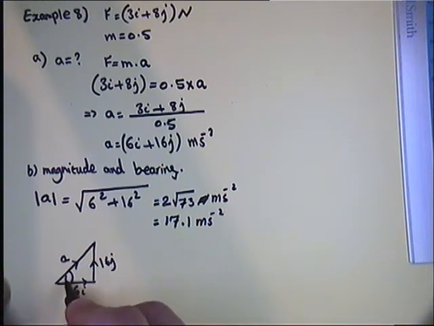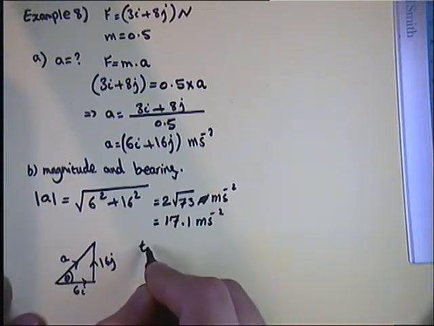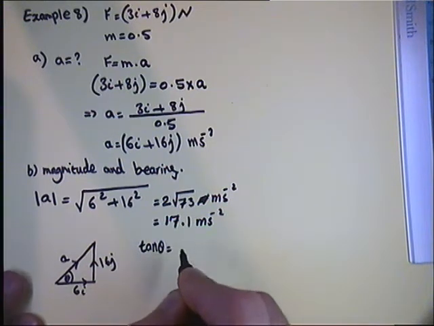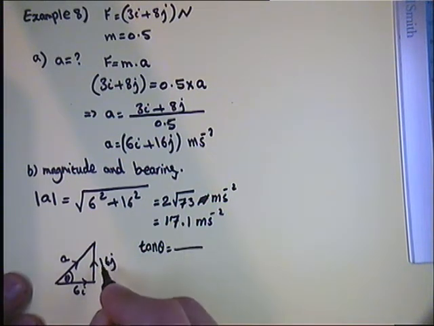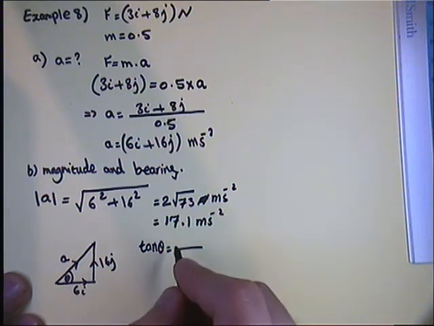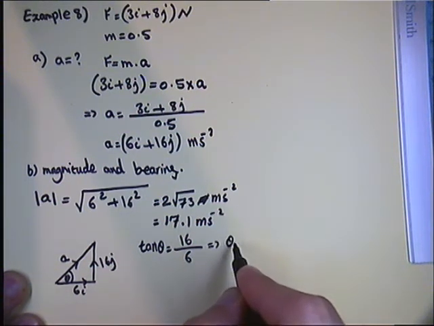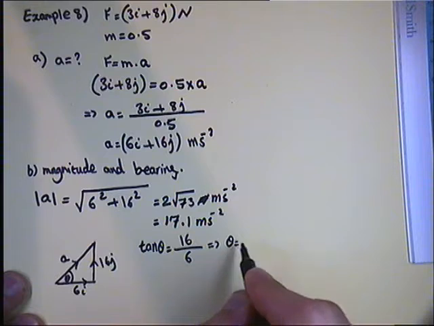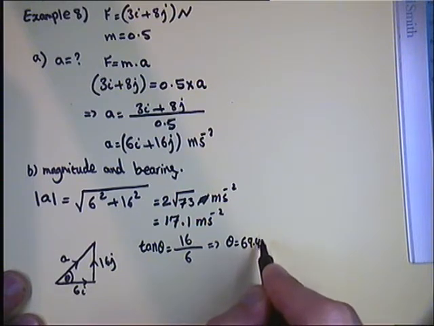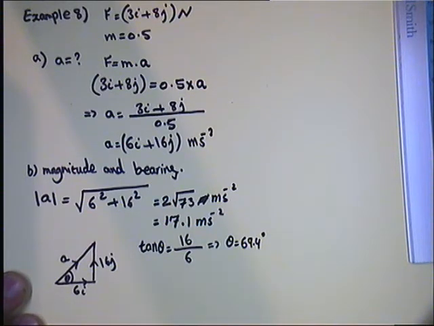Let's work out this angle theta. tan theta is equal to opposite over adjacent, 16 over 6, so theta is equal to 69.4 degrees.